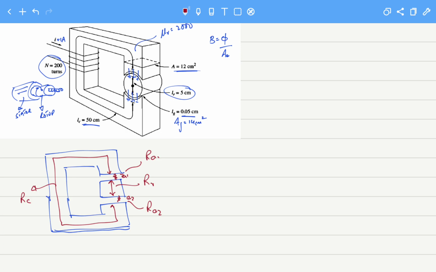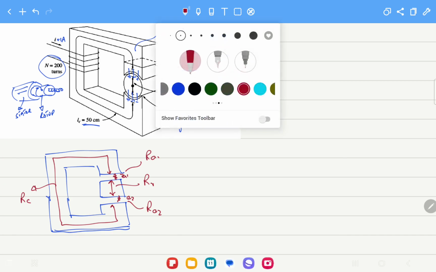If we are able to calculate the total reluctance, we have N and I, so we can calculate F. If we have RT, we will be able to calculate the flux. Once we have the flux, we will be able to calculate the flux density that is required in the question.